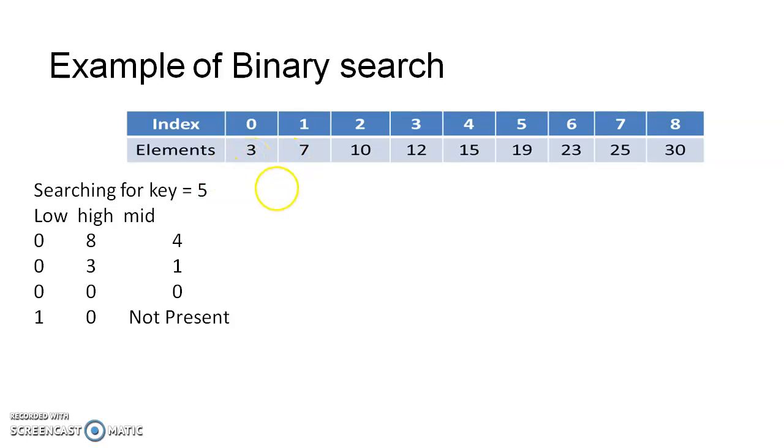But the element is not found as a match. 5 is greater than 3, so we have to search in the right list. But no further right list is possible because low is becoming 1 and high is 0. So as no division is possible, we can conclude that the element is not present in this list.